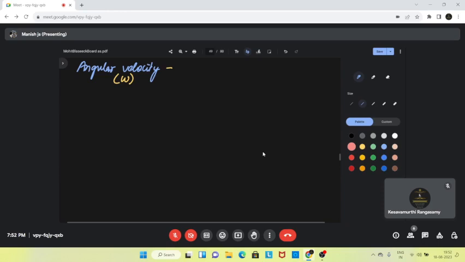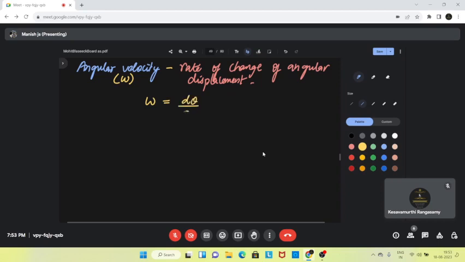It is defined as the rate of change of angular displacement, you can call it as angular velocity. So in short, omega can be written as d theta upon dt.